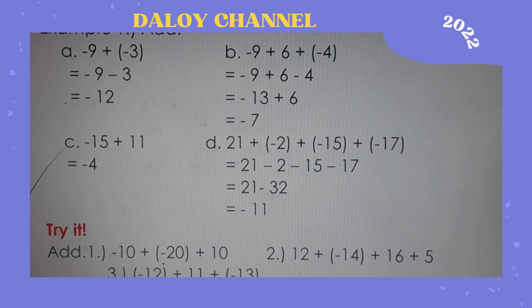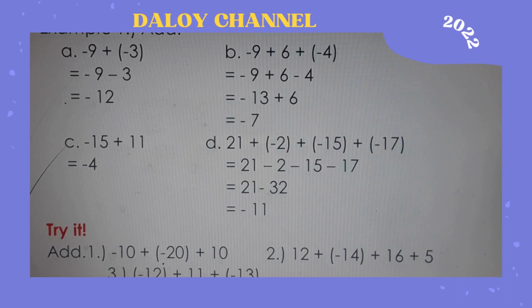Negative 3 multiplied by the plus sign becomes negative. So what happened to our expression this time? Negative 9, negative 3, meaning we are adding like signs. To add like signs according to the rule, you can add them directly and bring the sign of the numbers. So we have the sum of negative 12.